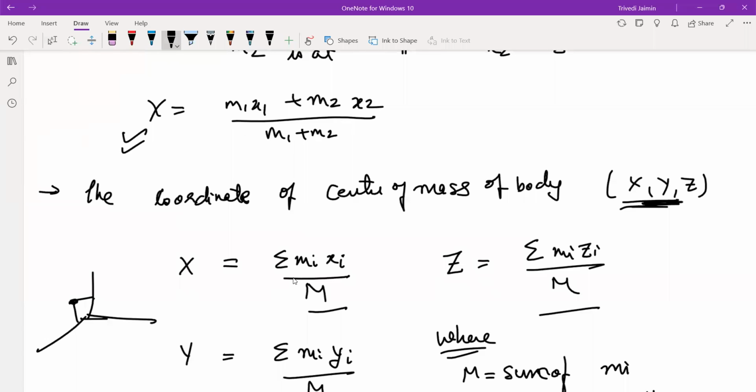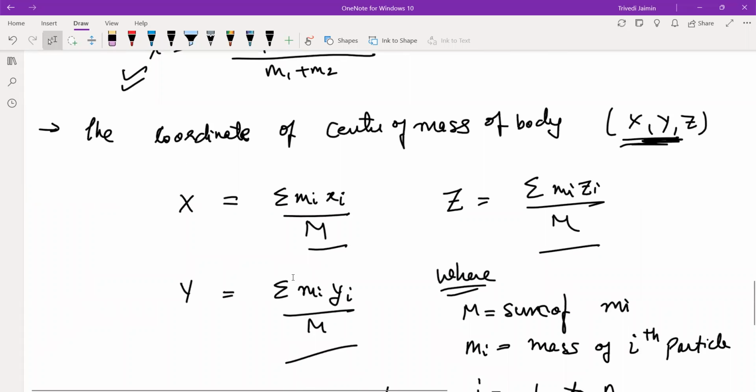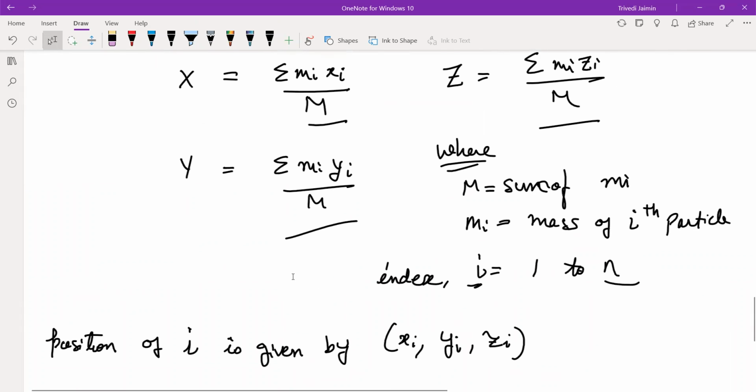So this point has x, y, z directions, and for that there will be a resultant also. That is what we are going to find out.